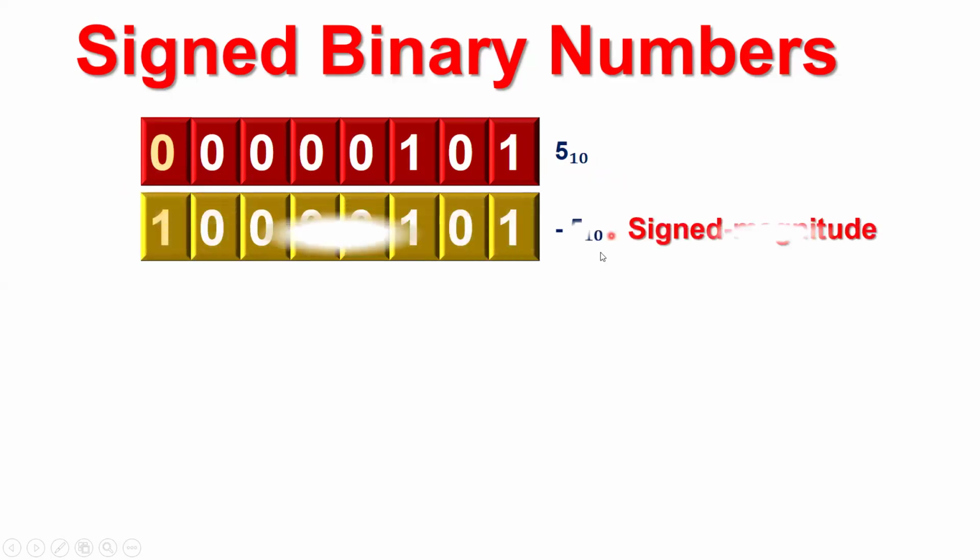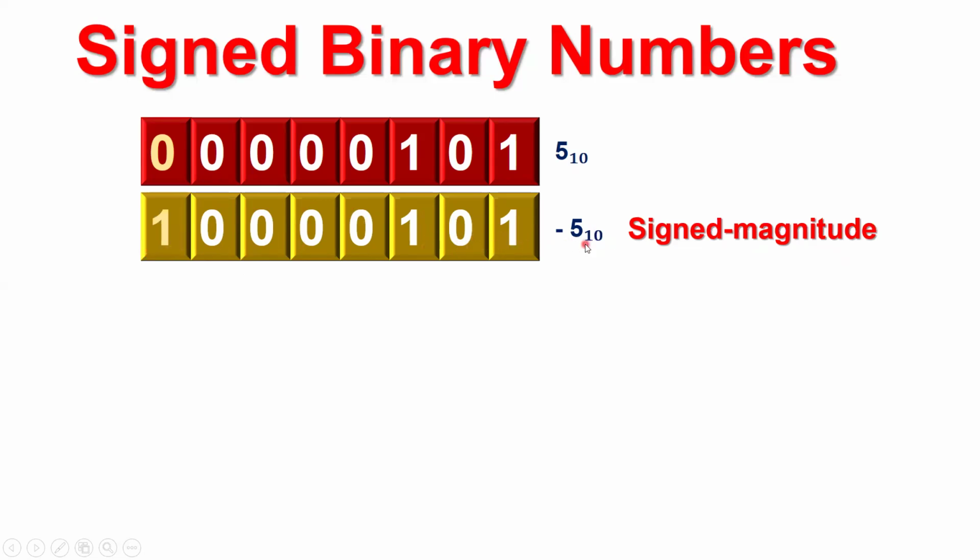The first way to show the negative 5 using sign magnitude is to simply flip the MSB. If it is 0, then it becomes 1 and all other bits remain the same. So in sign magnitude form, -5 will be shown as seen here.